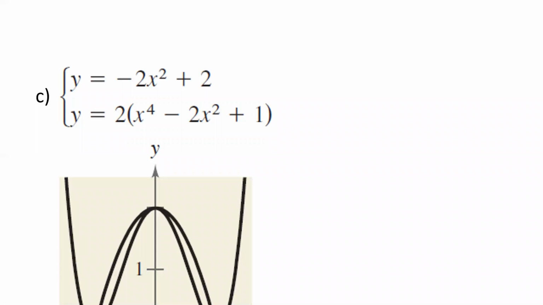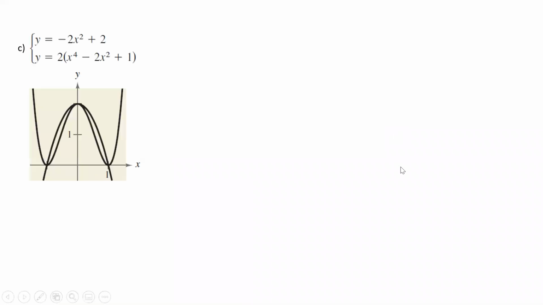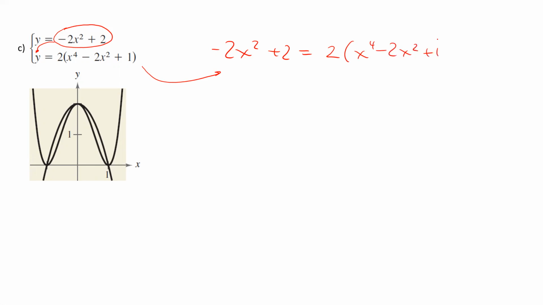Does that mean negative 2x squared plus 2 equals 2x to the 4th minus 2x squared plus 1? Absolutely. Technically, we're trying to see when this equation is equal to this equation. So we set it equal to this guy.